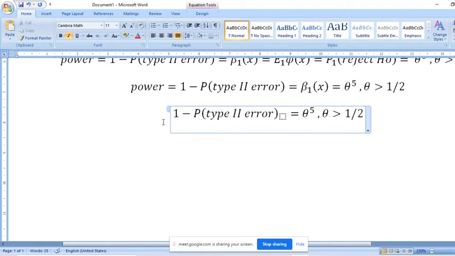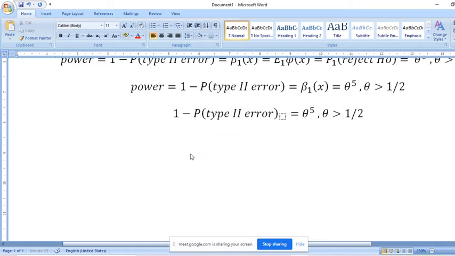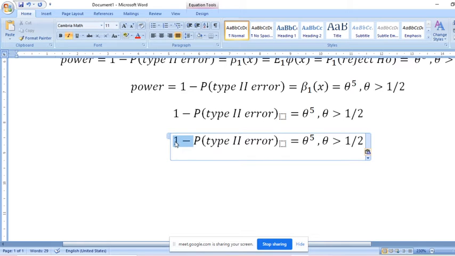It will be 1 minus theta raised to 5. This probability of type 2 error should be minimum.